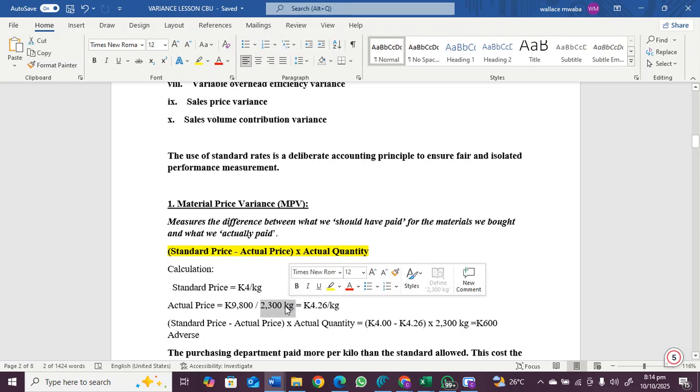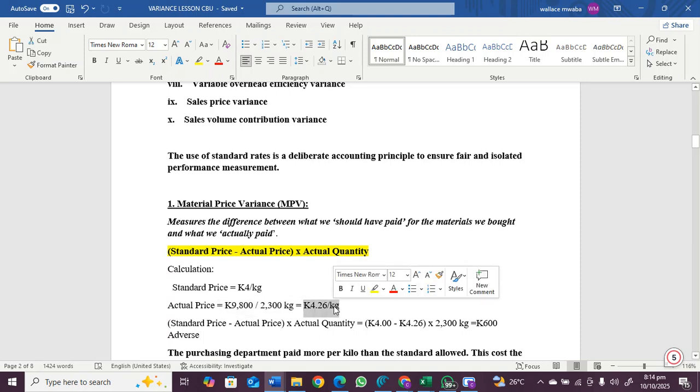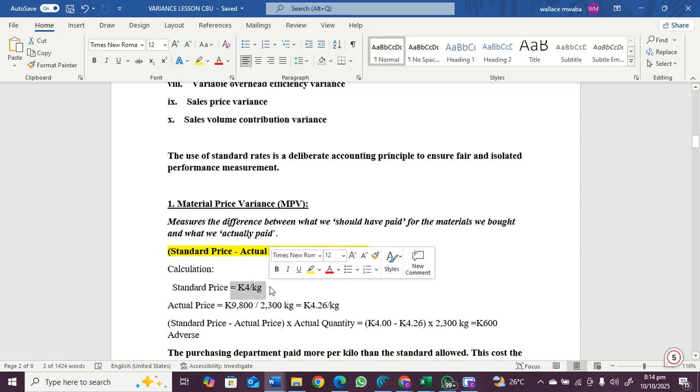So the actual price, dividing 9,800 by 2,300, is 4.26 kwacha per kg. We expected to pay 4 kwacha per kg, but in actuality we paid 4.26 kwacha per kg.